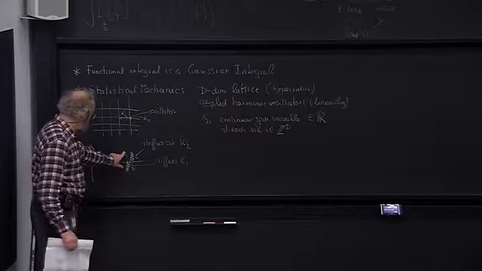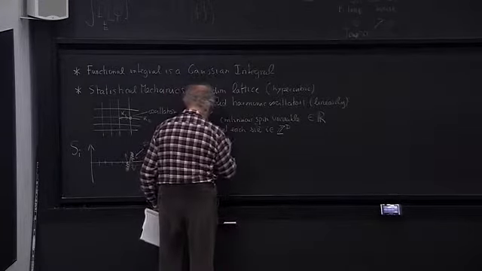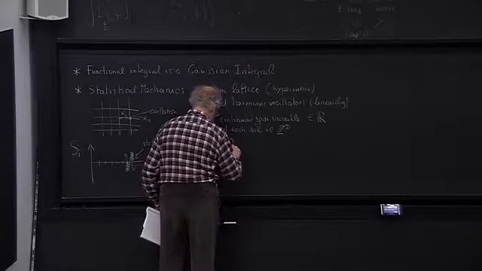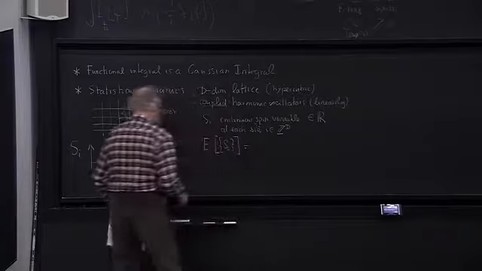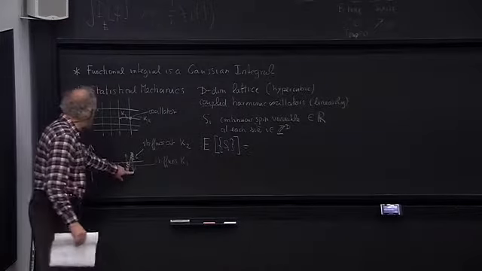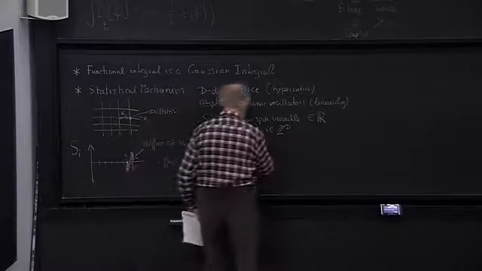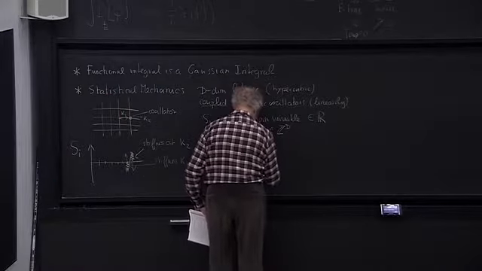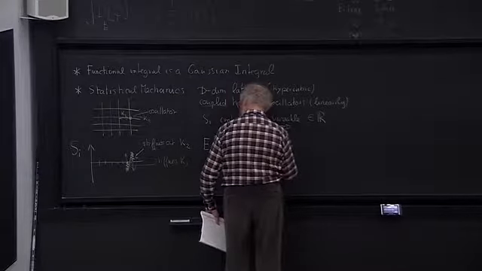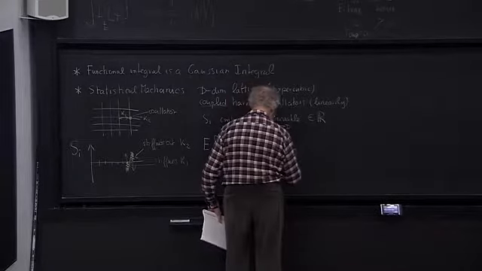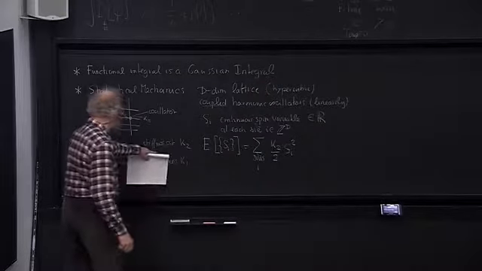Now, what is the energy of a configuration? The energy of a configuration of the spins is going to be the sum of the energy of the local term. It's the sum over the sites i of kappa 2 divided by 2 S_i squared. This is the first term.